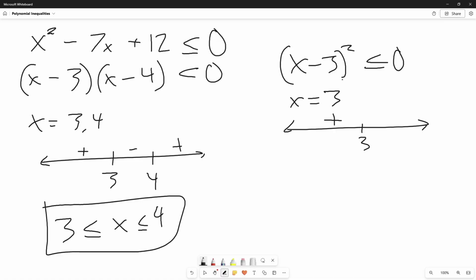Let's try 4. 1 squared is positive as well. So you notice that both regions, from negative infinity to 3 and from 3 to infinity, are positive. So neither of these would work. Instead, it's just this single point 3. So x equals 3, because that's the only point where it's less than or equal to 0.